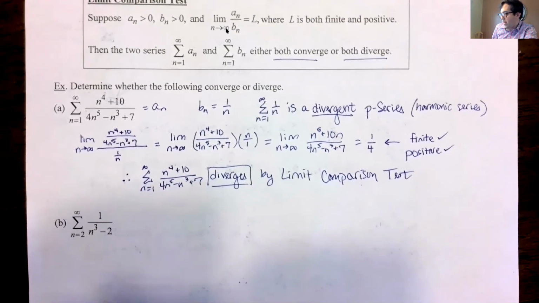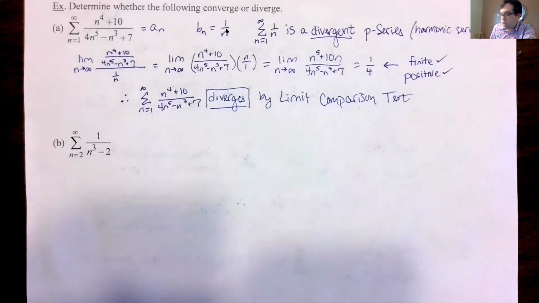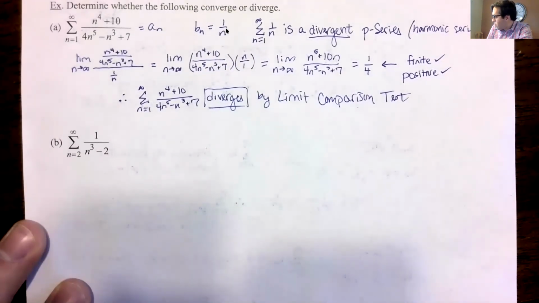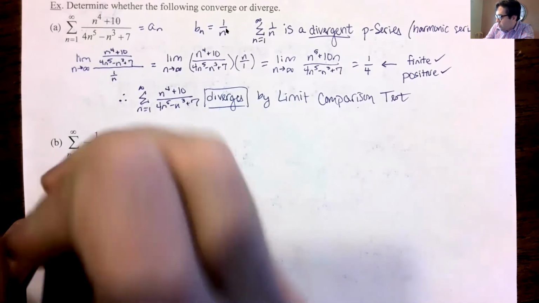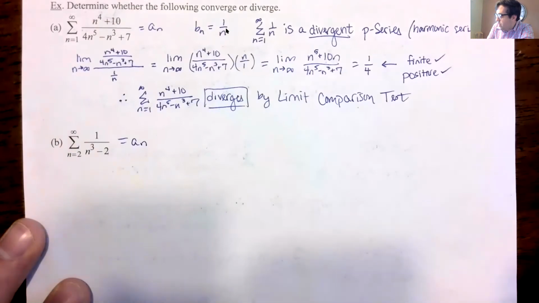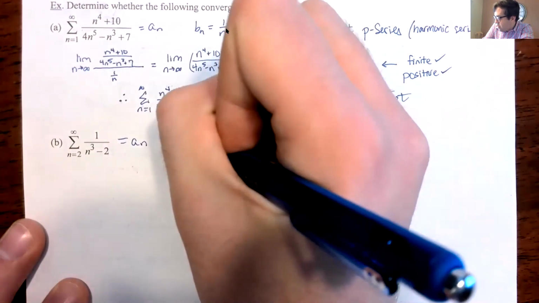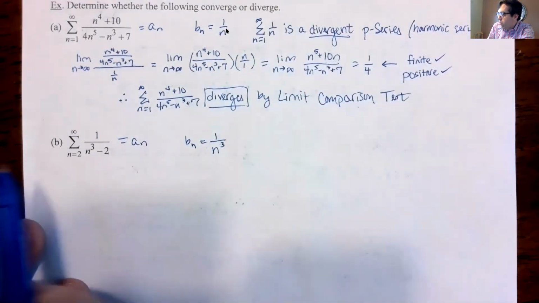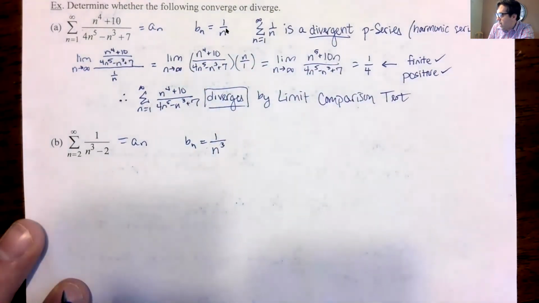Okay? All right, let's take a look at letter B, 1 over n cubed minus 2. This is starting at 2, but that's not going to play a big role here. Again, it doesn't matter if we chop off the first couple terms. It's still going to converge or still going to diverge, depending on what it did before. So we're going to call that a sub n. This time we're going to make b sub n 1 over n cubed. Now we might be able to do this with the direct comparison test from the other side of this page, but we're going to try this with the limit comparison test.